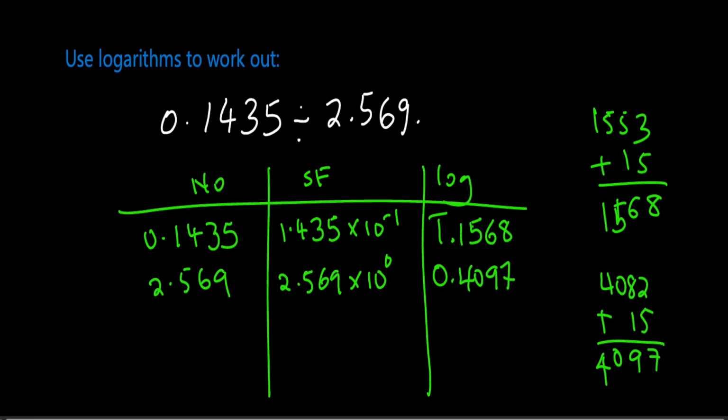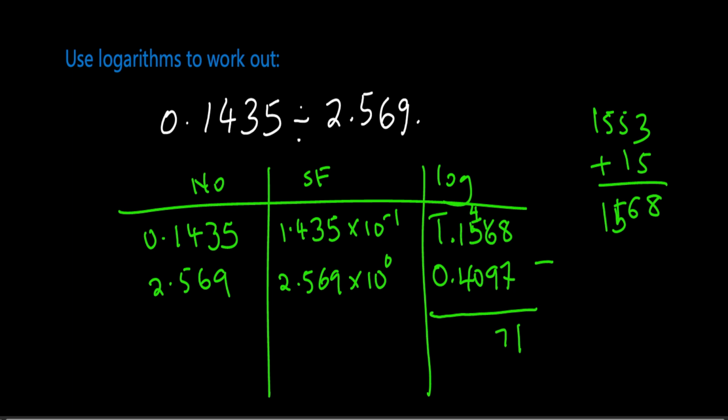So now we need to subtract. Remember, this is division, so we're going to subtract. Now 8 minus 7 gives 1, 6 cannot, so we need to borrow from 5. So 16 minus 9 will give you 7. 4 minus 0 is 4. Now 1 cannot be subtracted from 4, therefore we need to borrow from someone who is deficient.